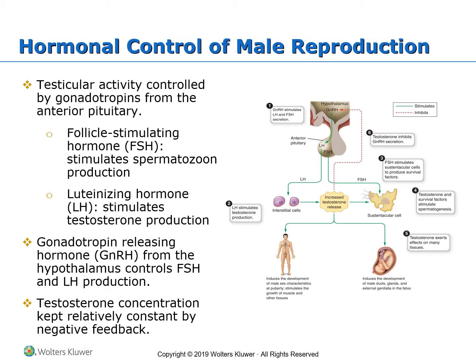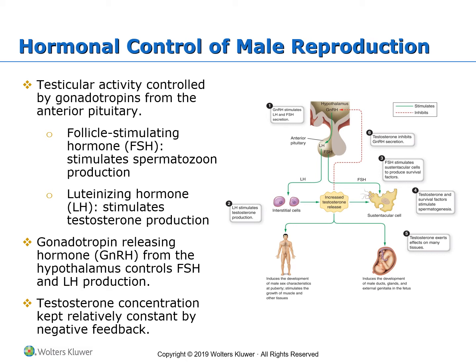In other words, FSH will promote the maturation and development of the sperm. And luteinizing hormone, or LH, will stimulate the interstitial cells between the seminiferous tubules to produce testosterone, which is needed and will support the development of sperm cells. So FSH is involved in the development of the cells themselves, while LH is involved in the production of the testicular hormones.